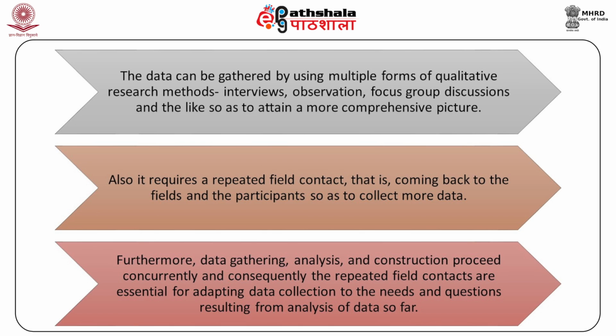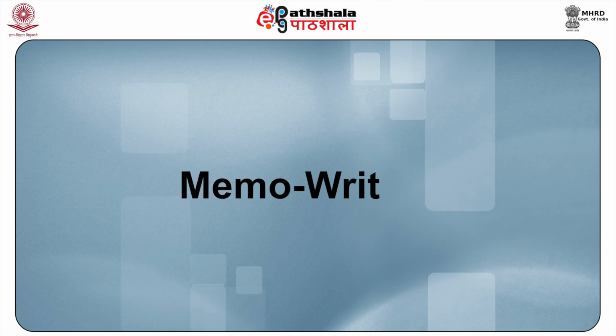Also, it requires repeated field contact, that is, coming back to the field and the participants so as to collect more data. Furthermore, data gathering, analysis and construction proceed concurrently. The repeated field contacts are essential for adapting data collection to the needs and the questions resulting from the analysis of data so far.